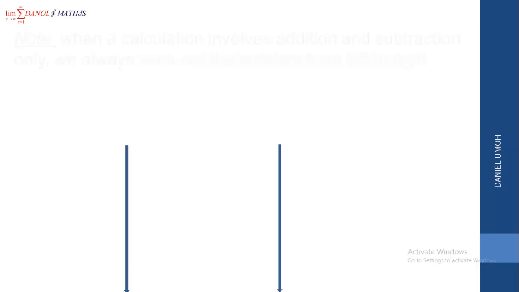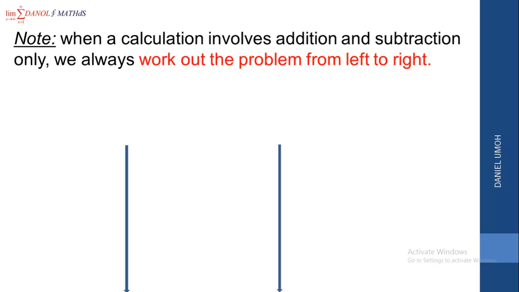Okay, now when calculations involve addition and subtraction, please take note of this point. It is very, very important. When calculations involve addition and subtraction only, we always work out the problem beginning from the left to the right. Take note of this.